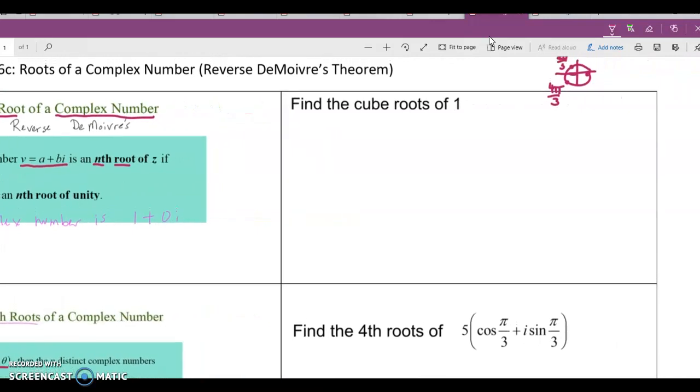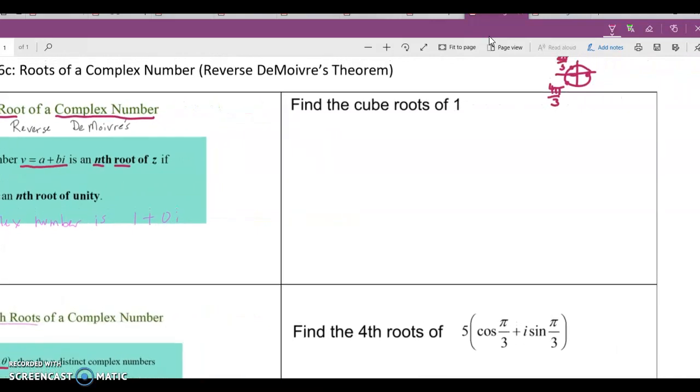So first thing we're going to do is find the cube roots of 1. Remember, cube roots are something that you would multiply 3 times by itself to get to a number. So the cube roots of 1, well, the obvious one is 1, because 1 times 1 times 1 is equal to 1.